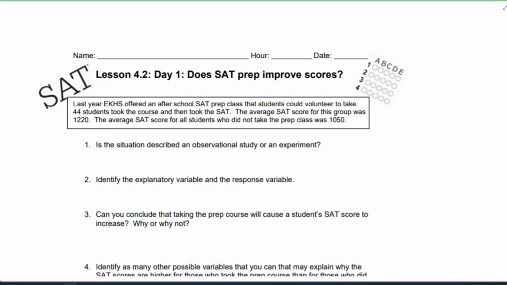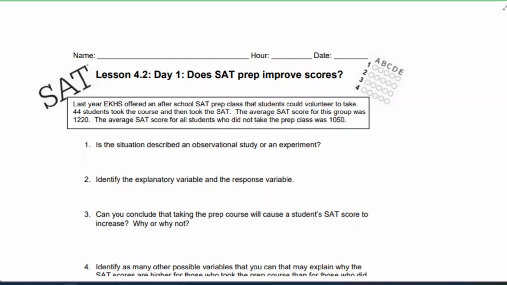So the conclusion that the class will raise SAT scores definitely has some evidence to it. We don't know if it's convincing evidence yet, but there is evidence that the students who take the course will have a higher average, just because the average from the SAT prep group is greater than the SAT scores from the non-prep group.